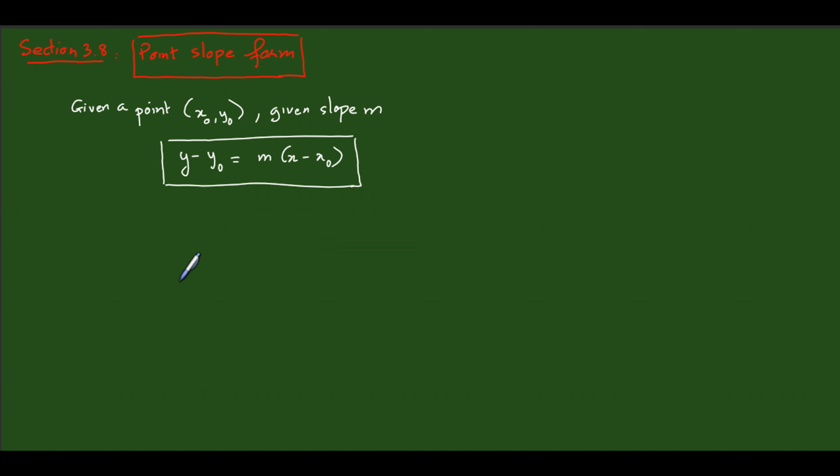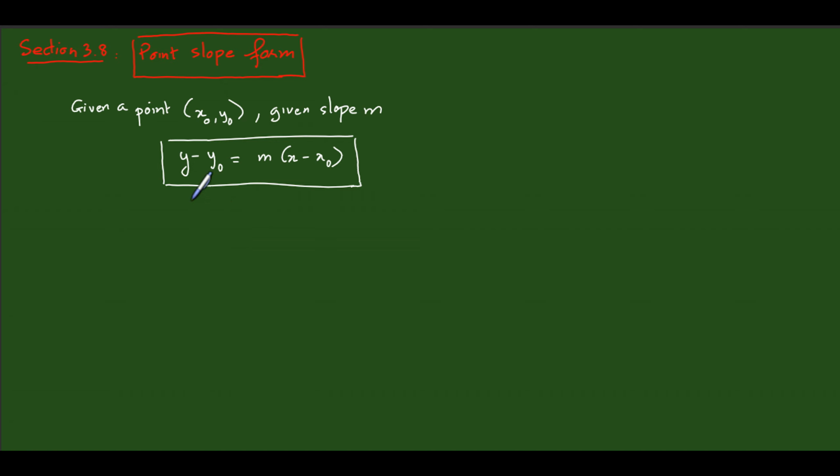Because on the line we have so many points, infinitely many points on the line. So if you have the coordinates of one point on the line, then we can write a linear equation in point-slope form or in slope-intercept form.